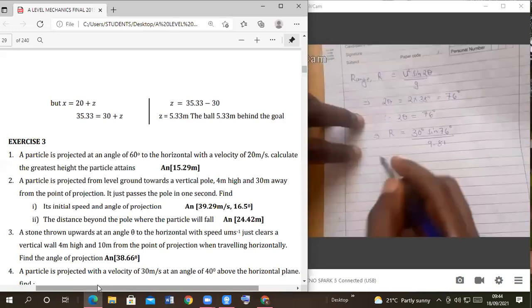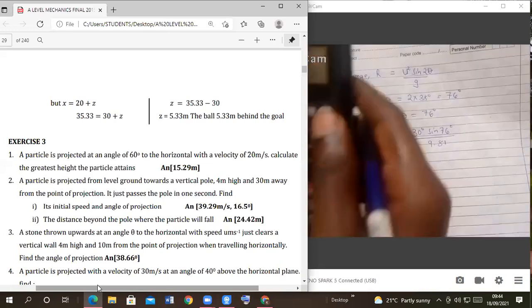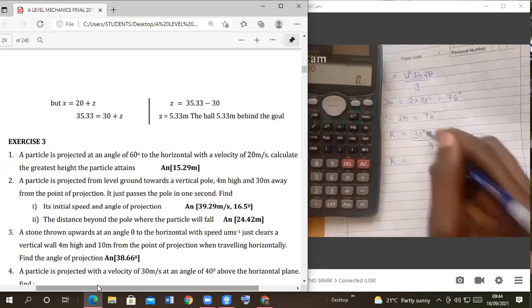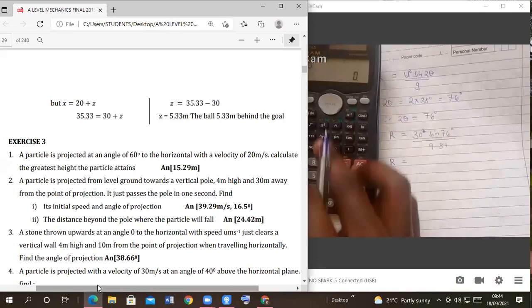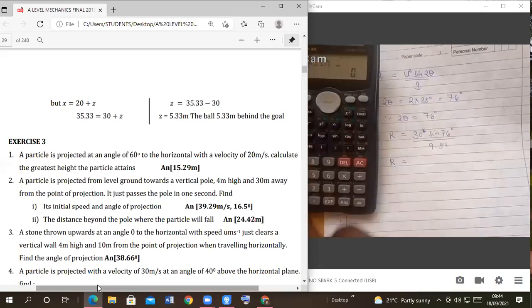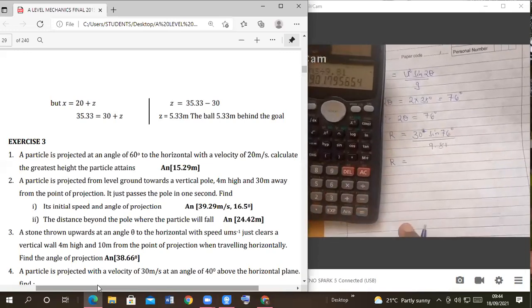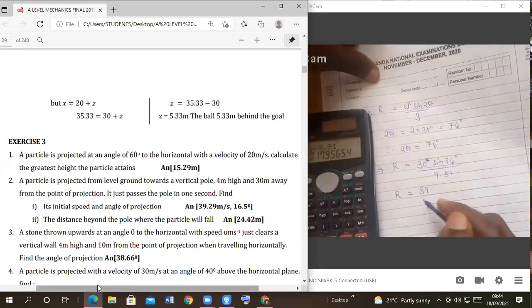So what do you get there? 30 squared, sine of 76 divided by 9.81. What do you get? It is 89 point.